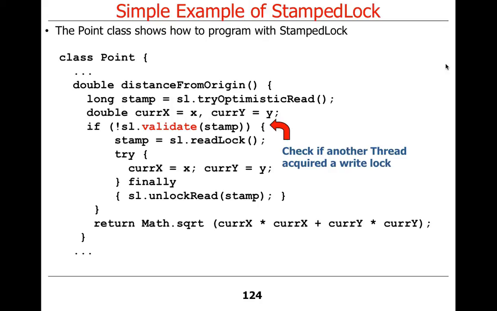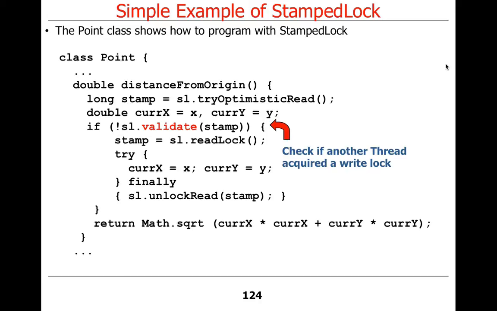All we know is that somebody might have acquired a write lock. It's a pretty darn good chance that if they acquired the write lock, they changed x and y, but we don't really know that. We just have to surmise that. Whereas if you were building a programming language-based solution, you could put checks in the code to see what had happened to those values. That's a little safer, but it might also be more clunky, and it might be slower in many ways.